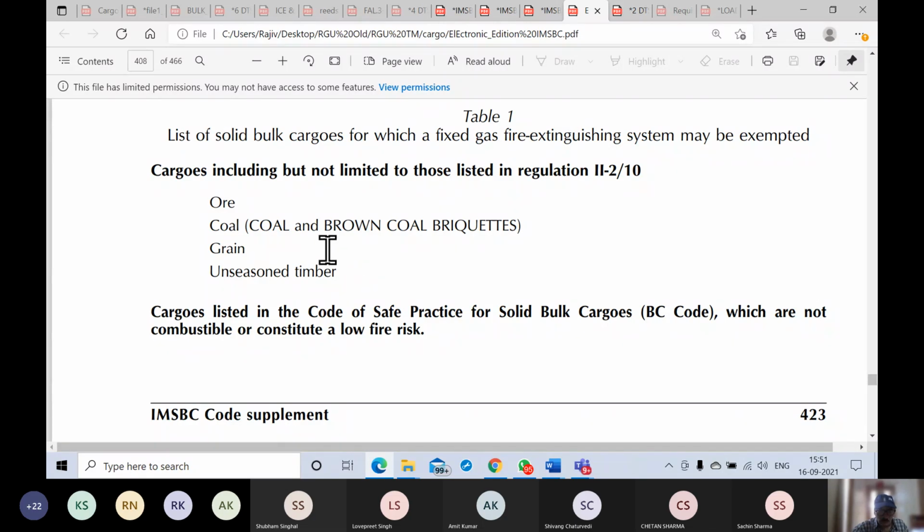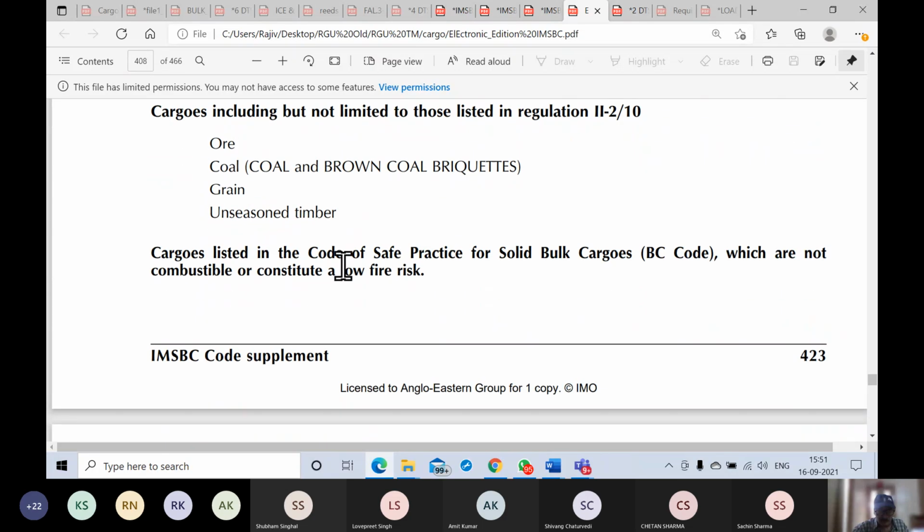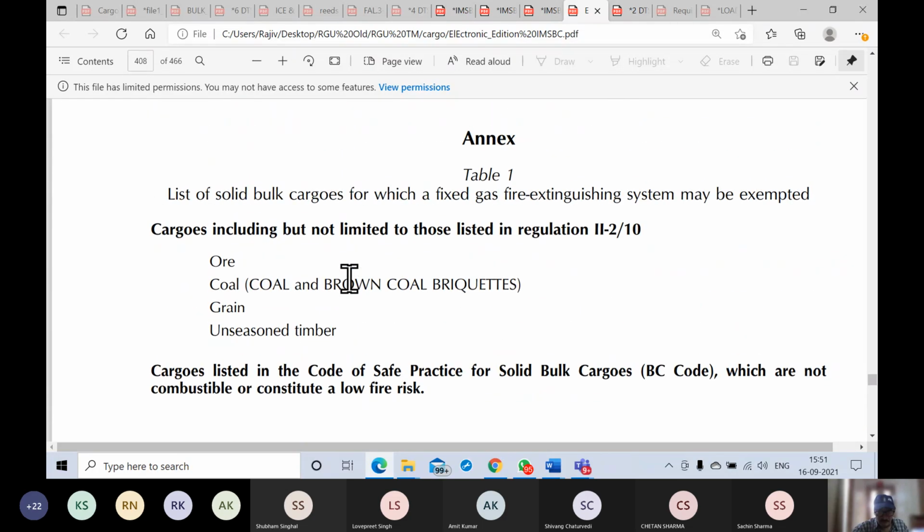Ore, coal and brown coal briquettes, grain, unseasoned timber. Or cargoes listed in the BC code which are not combustible and constitute low fire risk. And so in that the exemption is there.